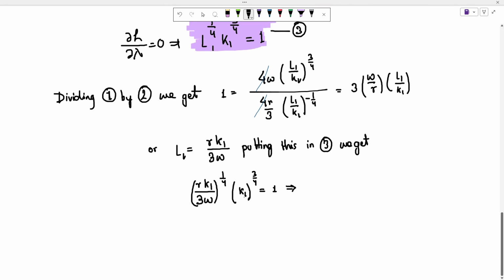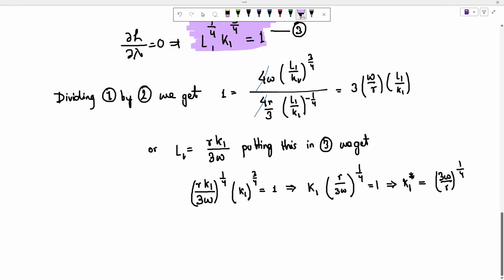And so here the K is going to be just K, and we are going to be left with R by 3 omega, 3 wage, to the power 1 by 4, which equals 1, which implies K1 star is nothing but 3 omega by R to the power 1 by 4.